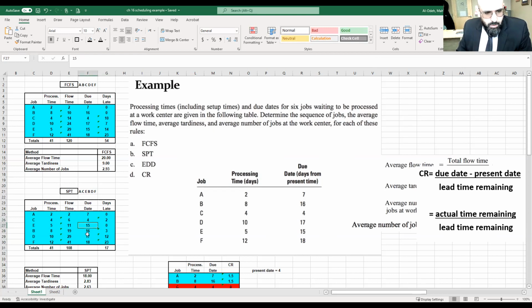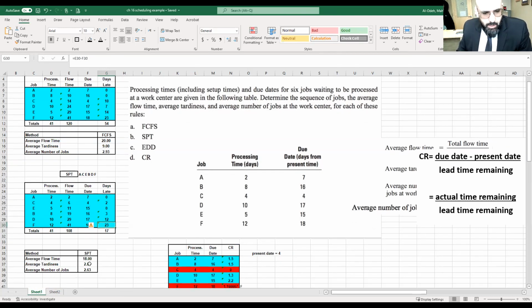Now for E, the due date is 15 and we are on 11, so there's no delay, 0. Now here for B, the due date is 16, we are on day 19, so there are 3 days of delay. And now here we have 17, that's the due date, and we are on 29, so there are 12 days delay, and 23 for F, adding these together.